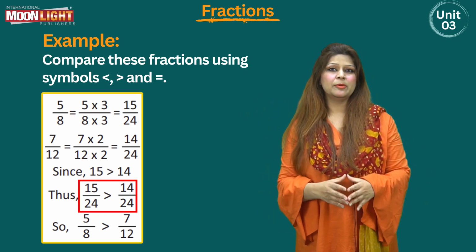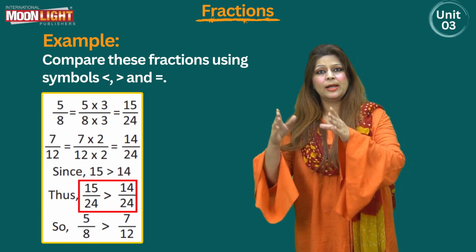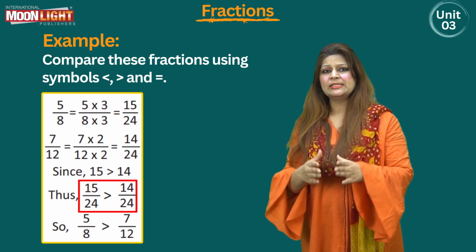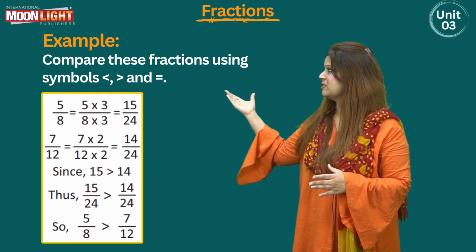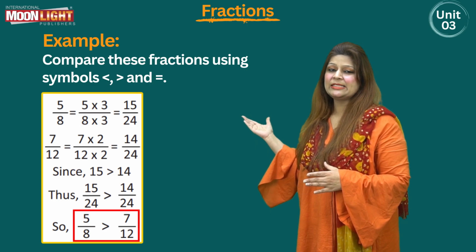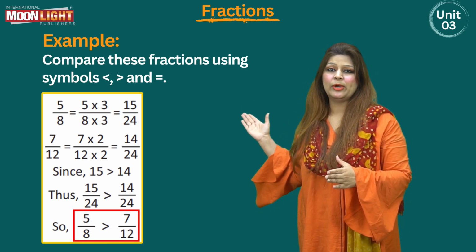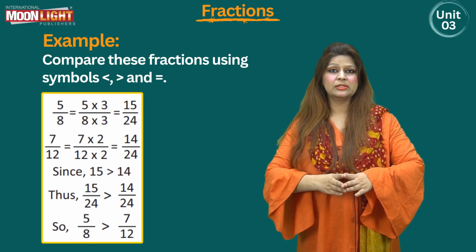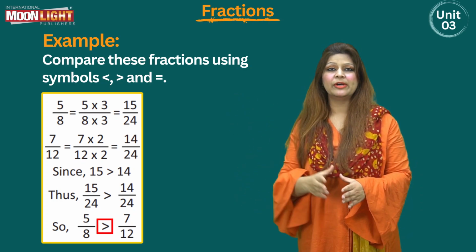Because these are equivalent fractions, all are equal, so instead of 15 by 24 I can write the original question: 5 by 8 is greater than 7 by 12. I write the greater than symbol, this one, over here.